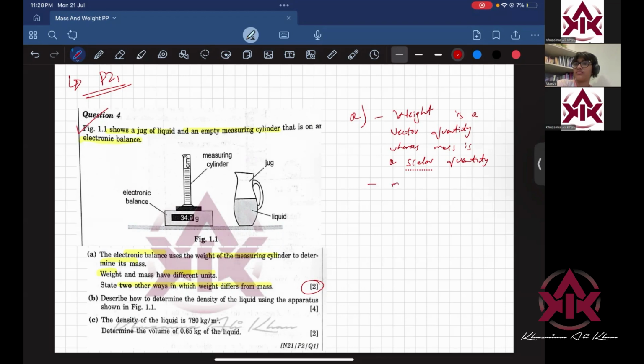Mass remains constant throughout the universe, whereas weight depends upon the gravitational field strength. You have to be precise and accurate in your answer, and explain everything in detail. Make sense?